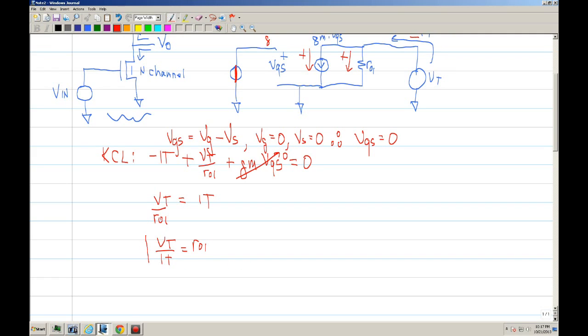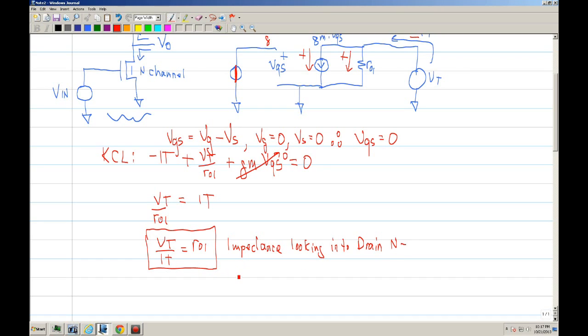Okay, so that is the impedance looking into the drain of the N channel.